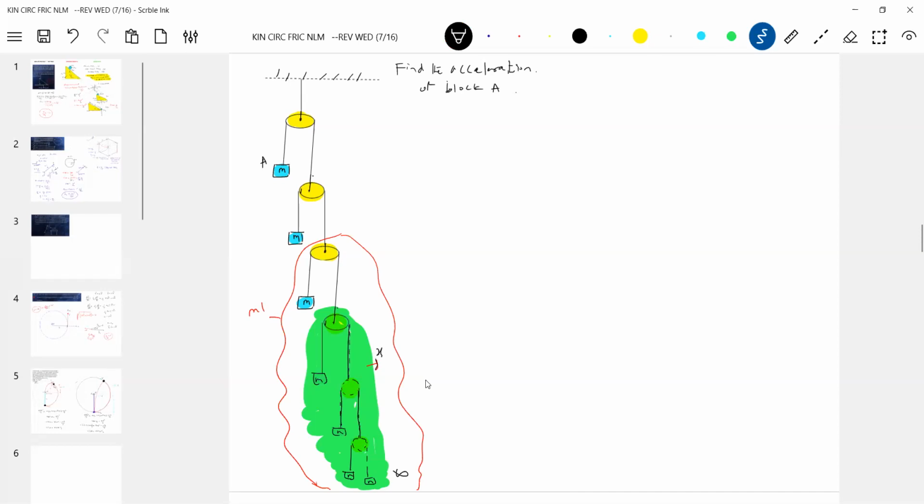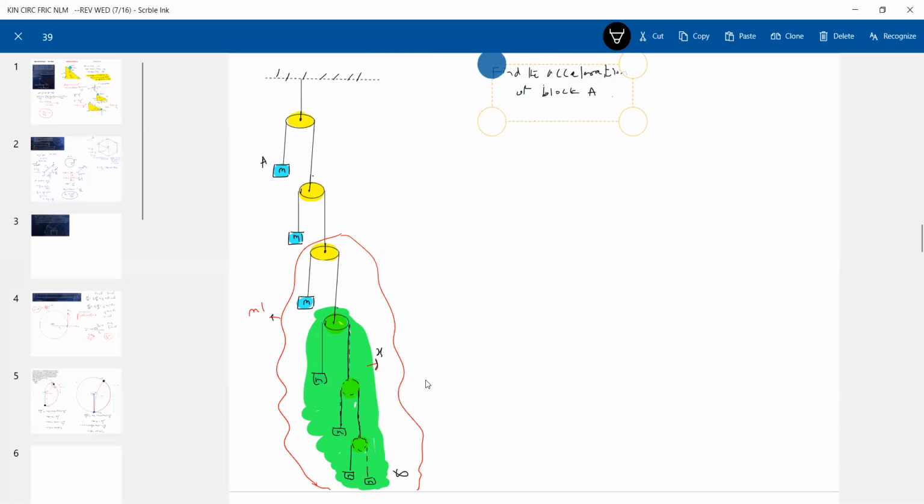The effective mass of that system is x. The effective mass of this is m dash. Then further I replace this, to find the acceleration of the block.